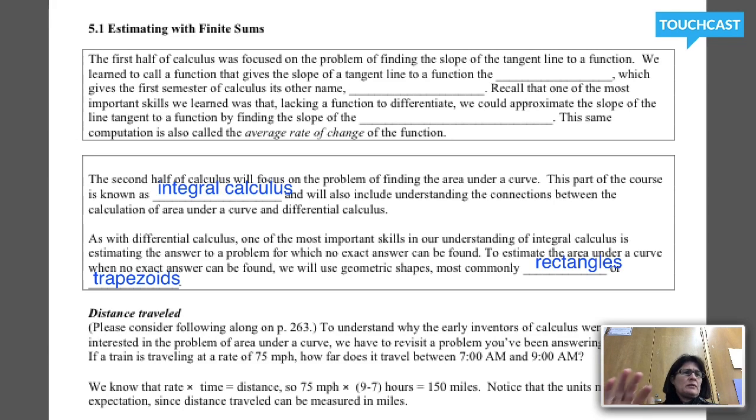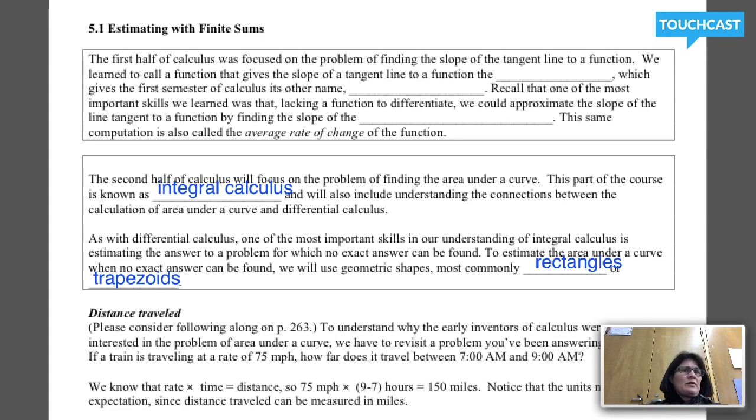So just recall, this is a really, really big idea from geometry. If you have a large shape and you want to find its area, it's sufficient to chop that shape up into a bunch of smaller shapes, find those separate areas individually, and add them together. So the area of a whole is equal to the sum of the areas of the parts.